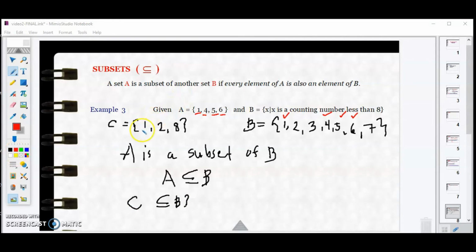So C has 1 and there's 1 in B. C has 2 at may 2 rin sa B. But 8 is not found in B. So since there is one element of C that is not found in B, that makes C not a subset of B. So ang sagot natin dyan ay no.